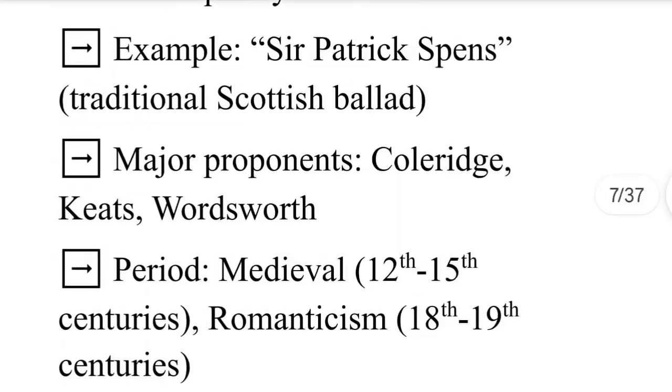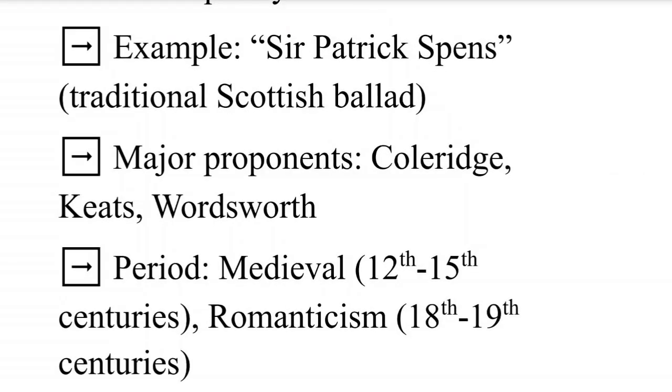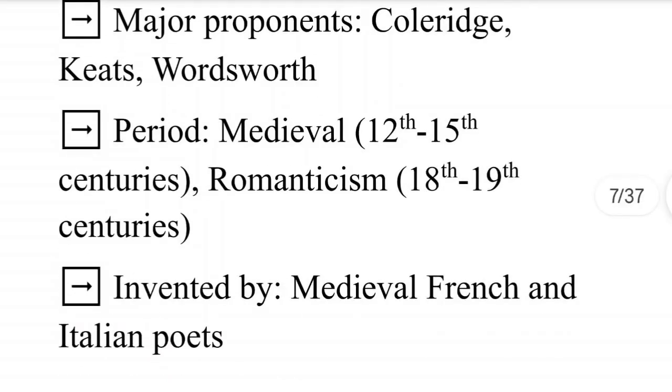And when it comes to its period, when it comes to overall literature, it belongs to the medieval period, which is during the 12th to 15th centuries. When it comes to particularly English literature, during Romanticism, ballad became a very popular type of poetry, between the 18th and 19th centuries, and it was invented by medieval French and Italian poets.